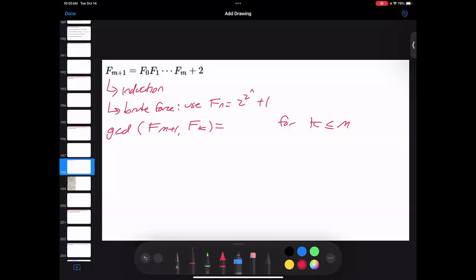This is very similar to what we saw with the Euclid argument. When you use something more than once, it's a technique. What happens when I divide this by Fk? What's the remainder? 2. So what are the only possibilities for the GCD?